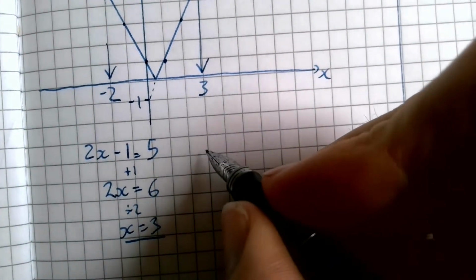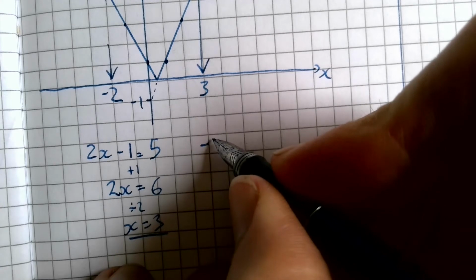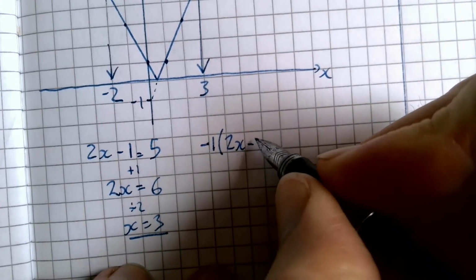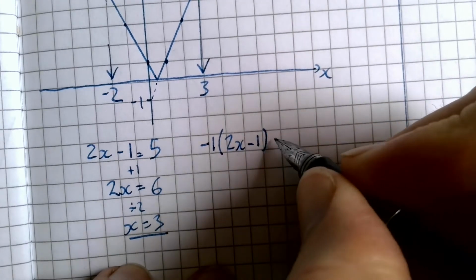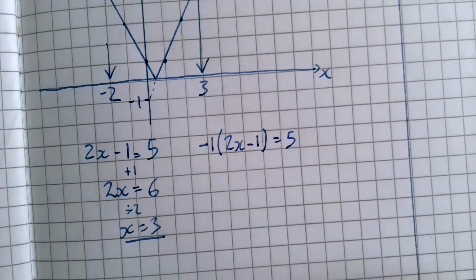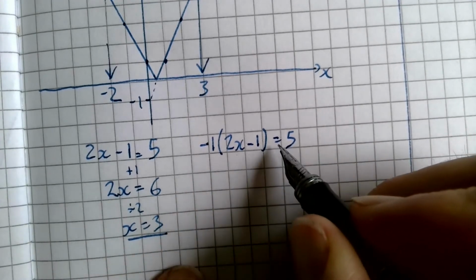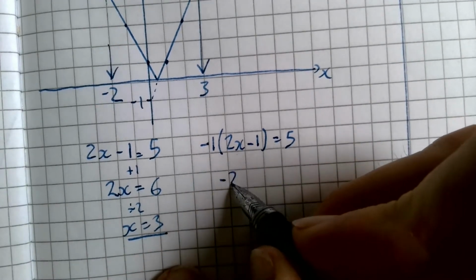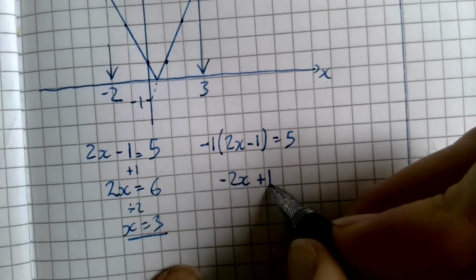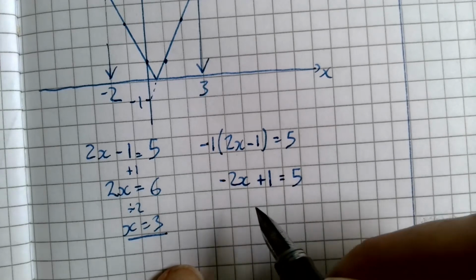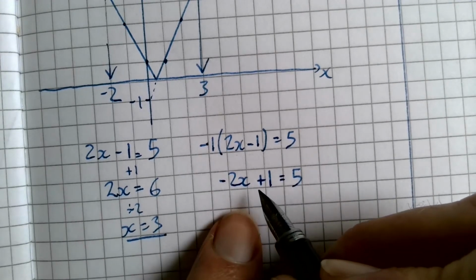So we do that by just putting it in a bracket with minus 1 outside. In fact, a lot of people don't bother putting the 1, but I think it's extra safe. So then if I expand that bracket, I get minus 2x plus 1, because you've got a negative times a negative, equals 5.